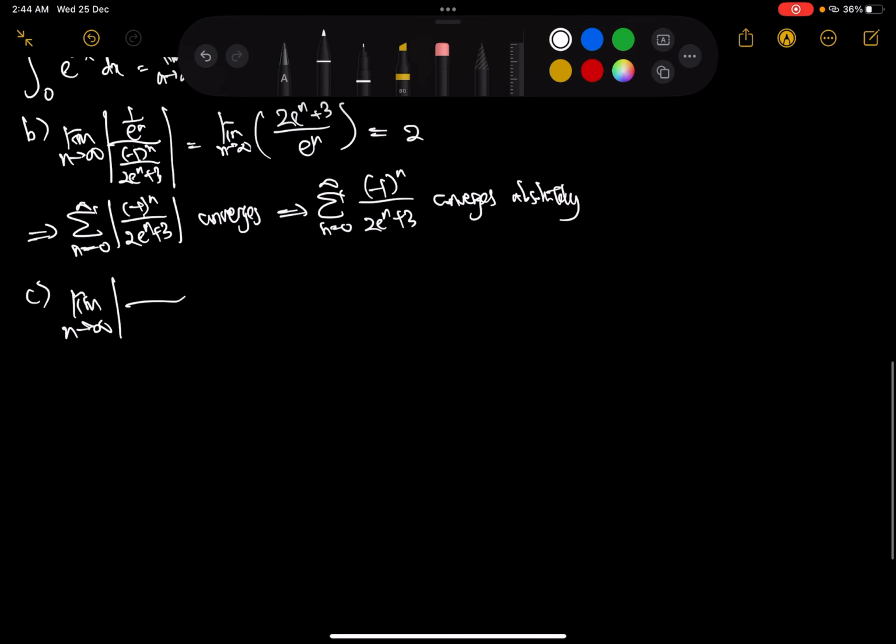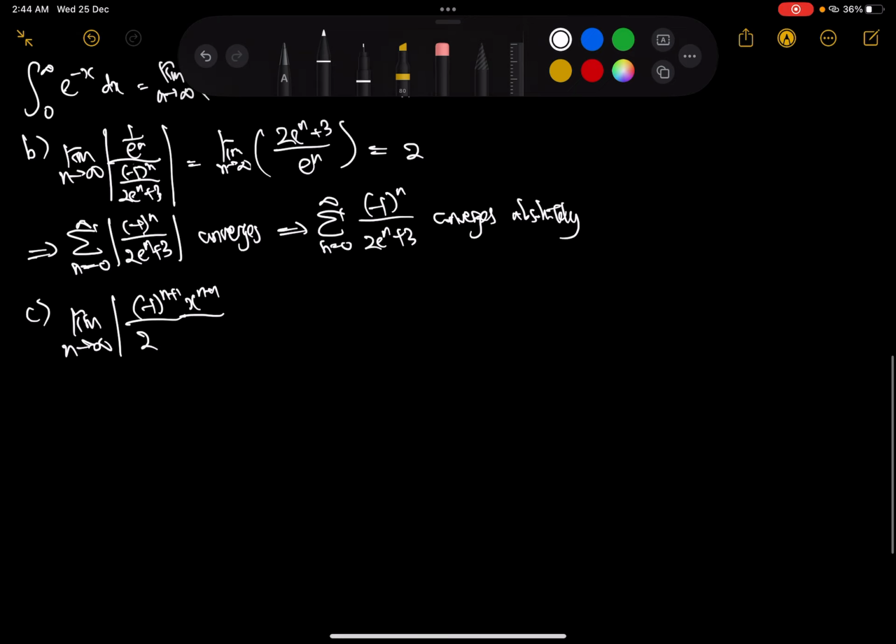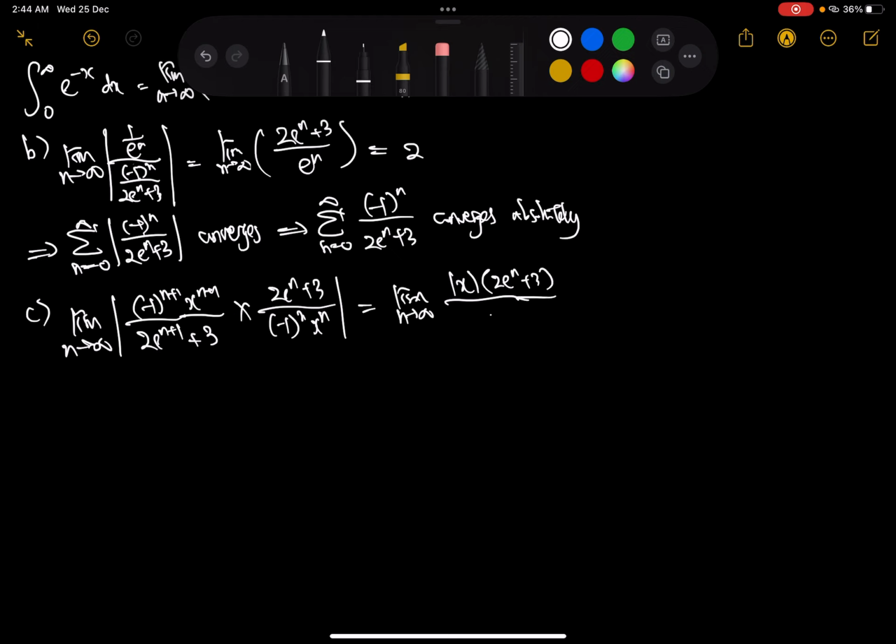So this one is 2e^(n+3) over 2e^(n+1+3).